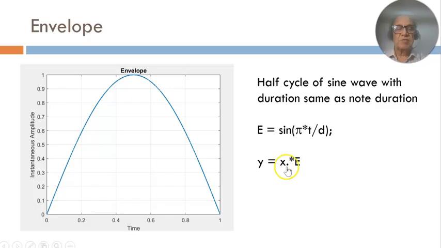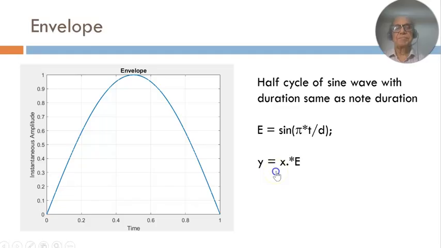So the corresponding point by point multiplication is done. That means x1 will be multiplied with e1, x2 will be multiplied with e2, and so on. That is why you have to write dot star in MATLAB. Otherwise it will try to do matrix multiplication. So it is important to remember that you do point-wise multiplication.